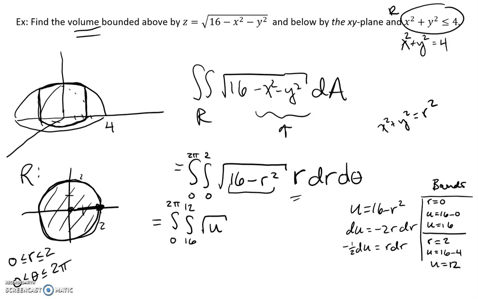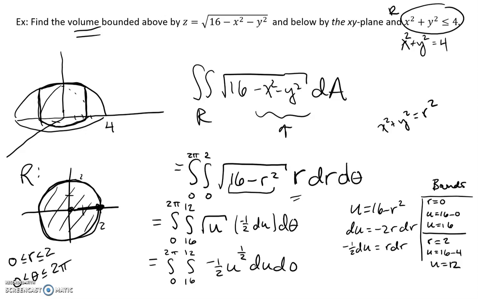And then that's times negative 1/2 du, and then that's still all d theta. So what we end up with then, we can convert the square root of u to a power of u, so we'll have the integral from 0 to 2 pi, the integral from 16 to 12, we'll have negative 1/2 u to the 1/2 du d theta.